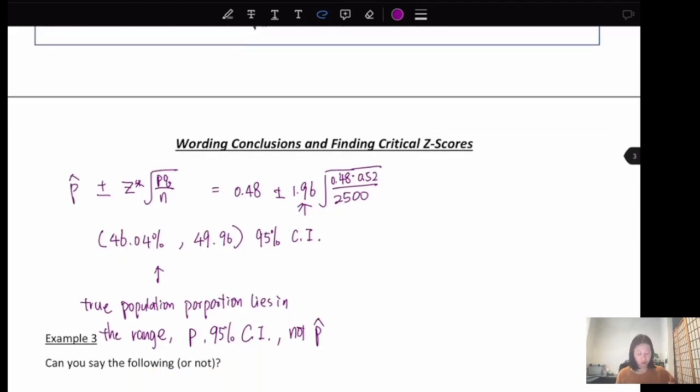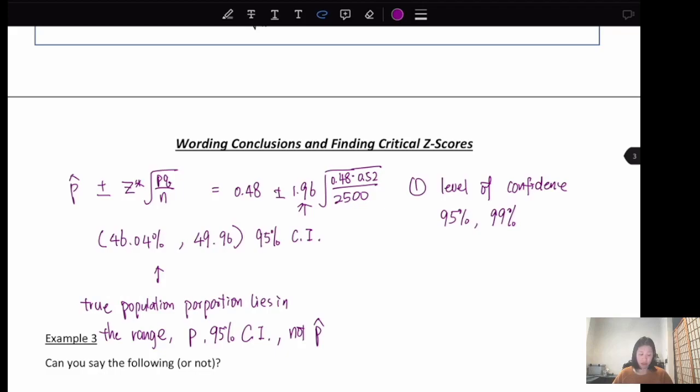Okay, so when it comes to the wording of the confidence interval, it contains three parts. One is the level of confidence. The most common one that we've seen is the 95% confidence interval. Sometimes we want it to be even higher, like a 99% confidence interval.